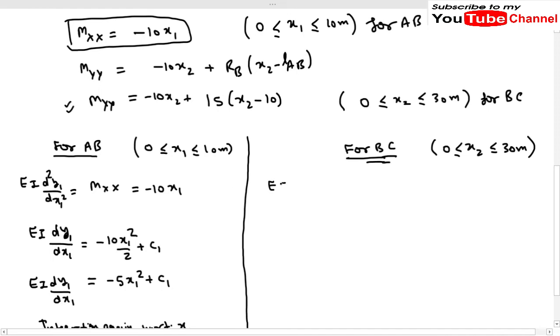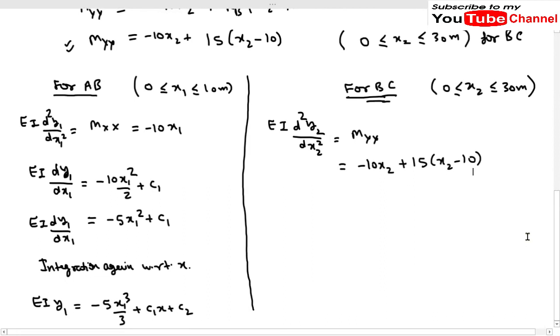So it will be EI d2y2/dx2 squared equal to MYY, and MYY is equal to minus 10 x2 plus 15 x2 minus 10. Very simple. And what we will do, we will integrate this equation with respect to x.